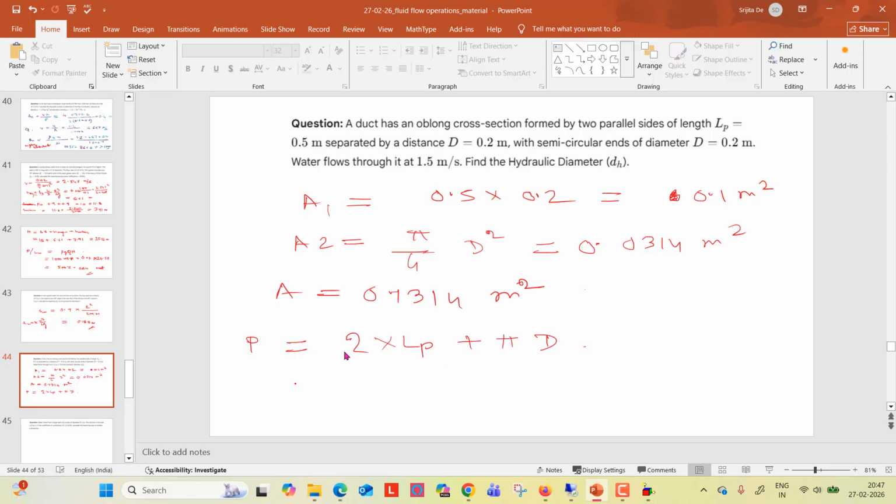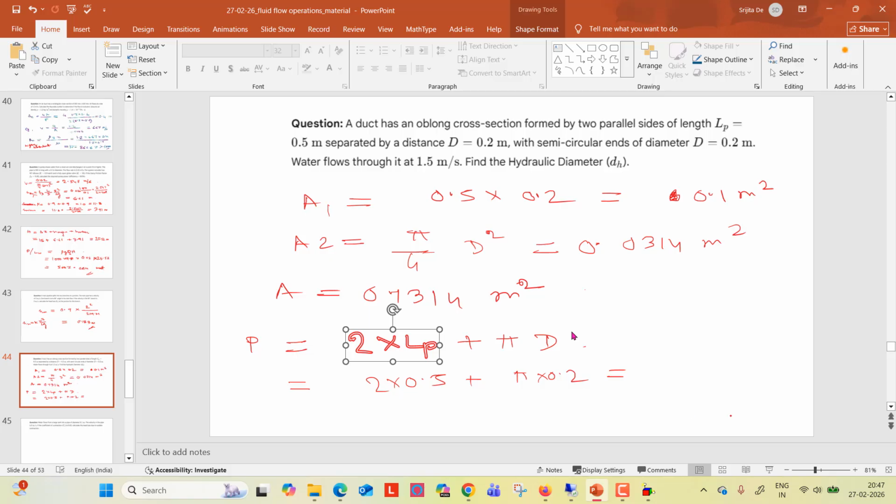So 2 into 0.5 plus pi into D, that is 0.2. So it is coming as 1.628 meter, right?